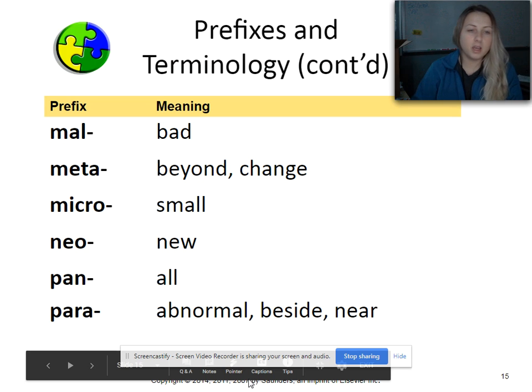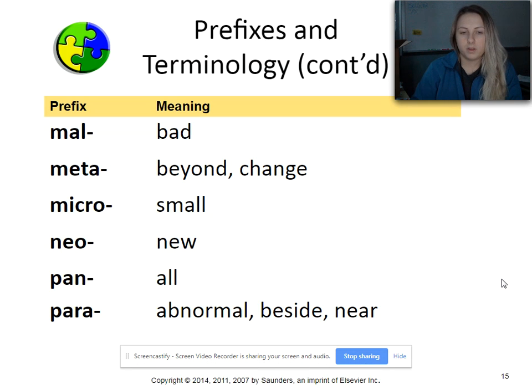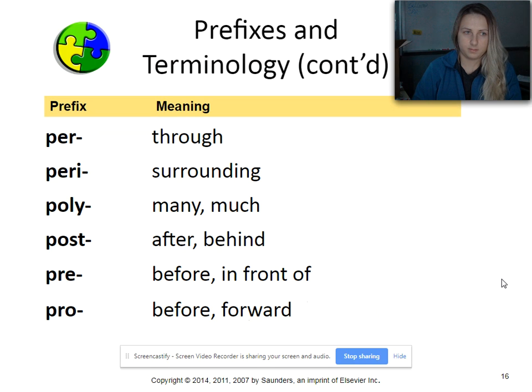Para is abnormal, beside, or near. Per is through. Peri is around, like perimeter. Poly is many or much, like polytheism is like Greek mythology where they have many gods that they worship.